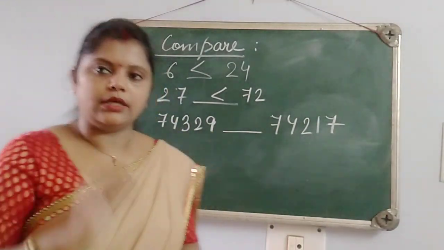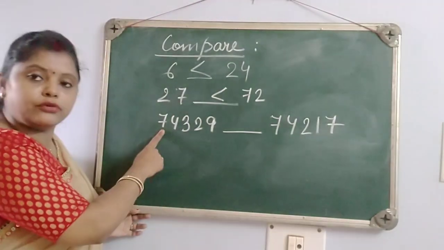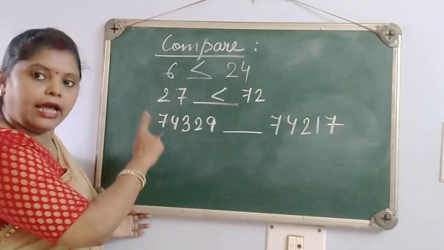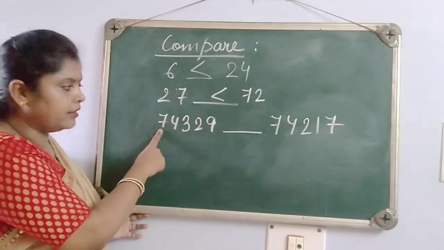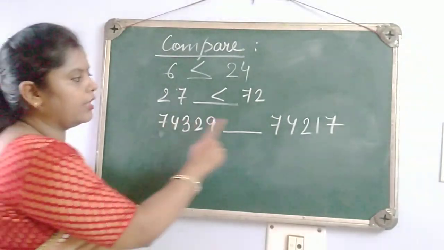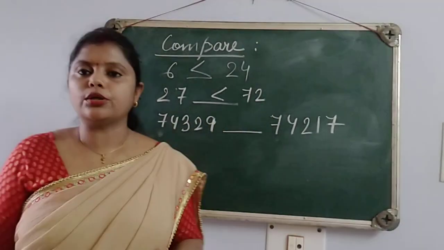Now what to do? Let's start from the second rule, which was that you have to see the numbers from the left side and then compare. So here the left hand side number, the first one is 7. Here again 7, equal. So now what to do?